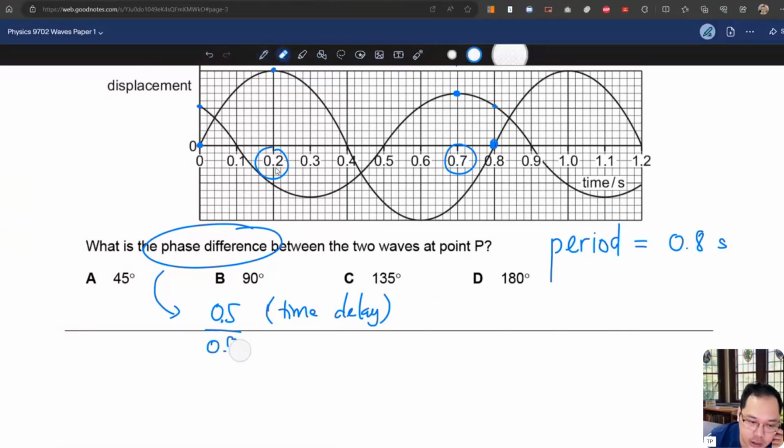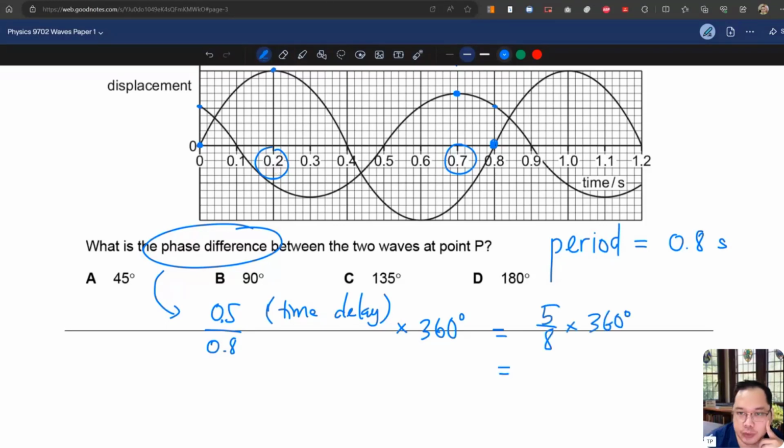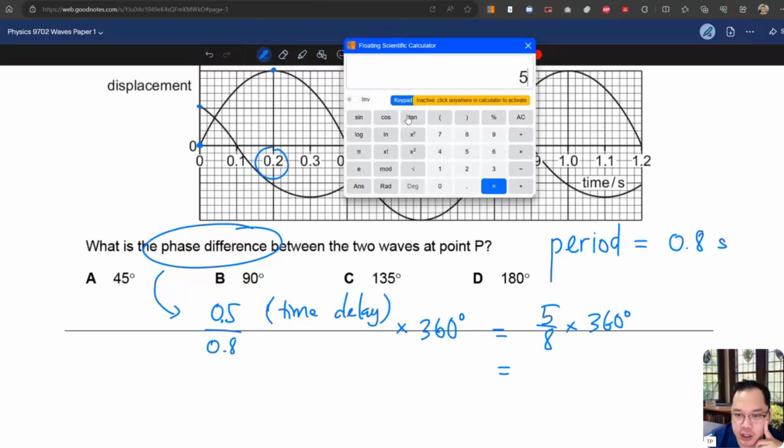And then this is the fraction, okay, and then times 360 degrees to get the phase difference. So that is 5/8 of 360, and the result is 225.